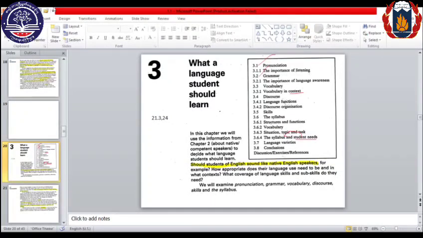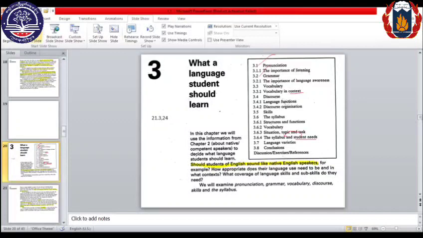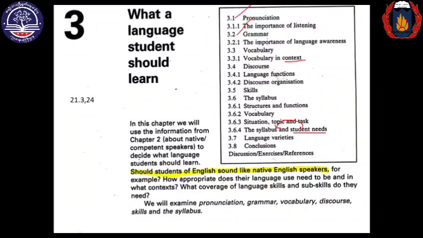Last week we studied pronunciation. Last week we studied that a language student should learn pronunciation.